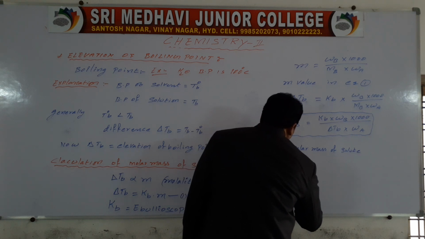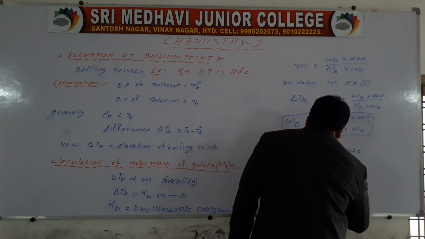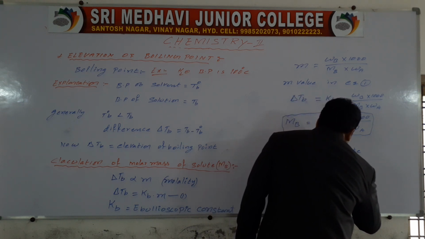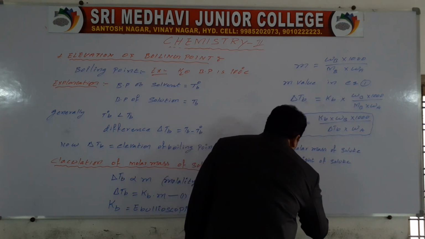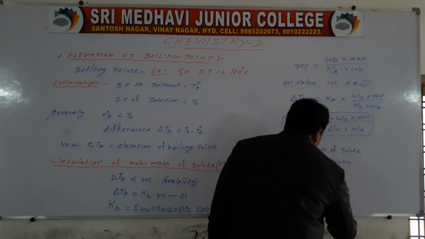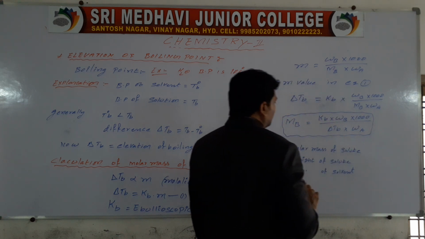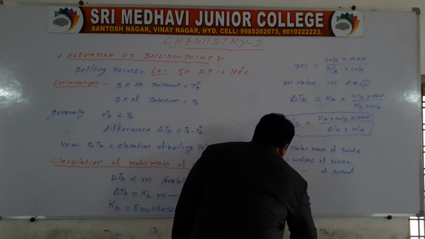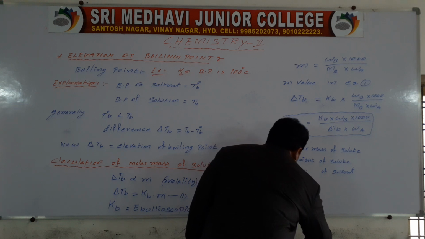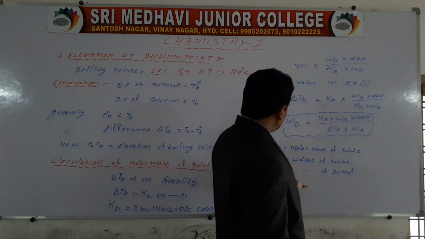WB equal to weight of solute. Then WA equal to weight of solvent. And then KB equal to, already I told you, ebullioscopic constant.